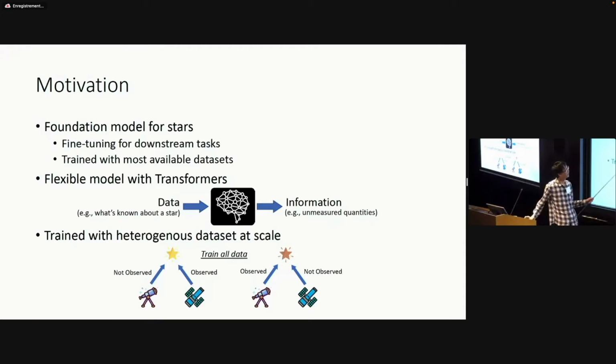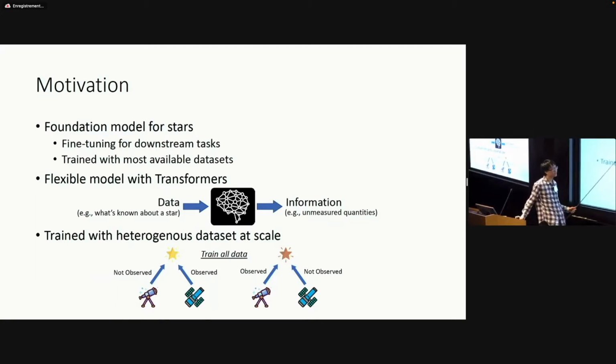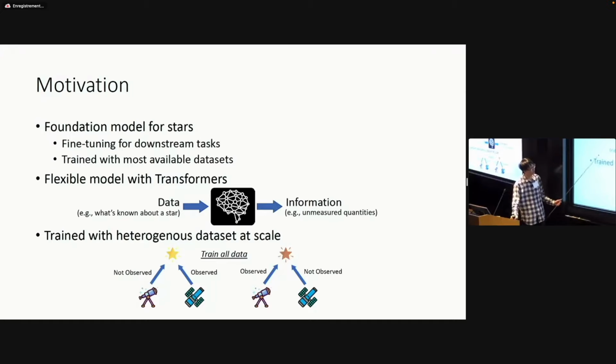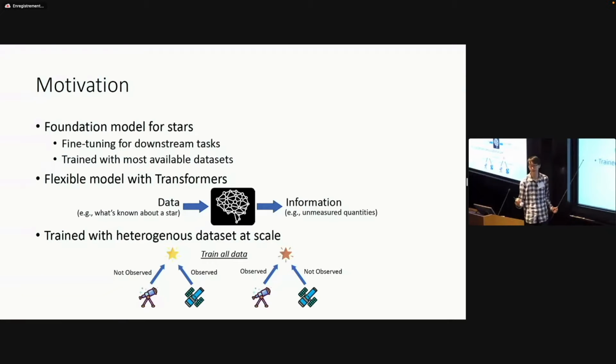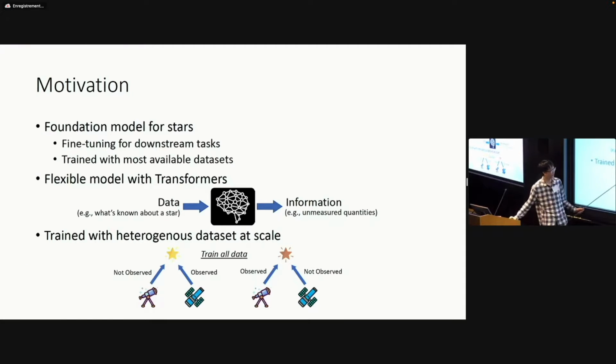Because the transformer can give you really flexible input and output, you can achieve your goal of training with most available data, so you can really train with really heterogeneous data sets at scale.